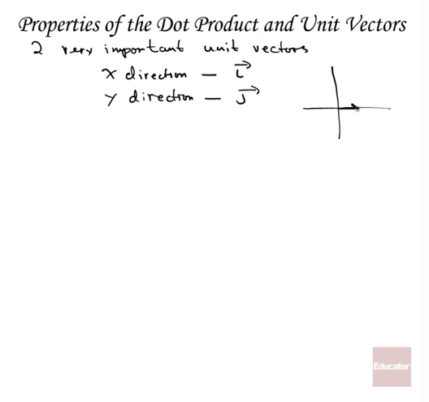We have the vector in the x direction, which we symbolize as i, and we have the vector in the y direction, which we can symbolize as j. In other words, there is a unit vector, length 1, that way, that's called i, and there is this unit vector right here, and that's called j.